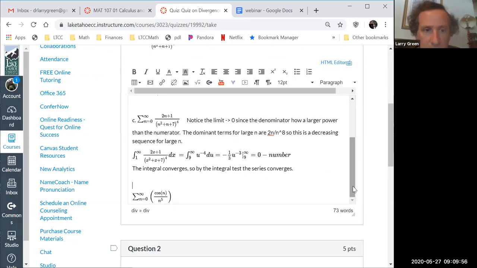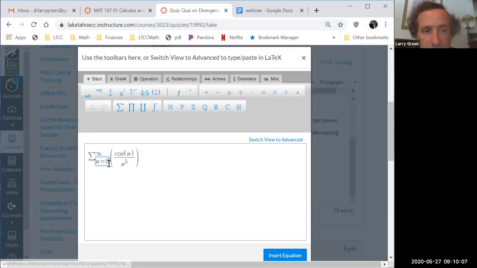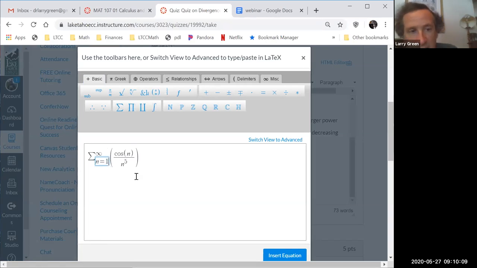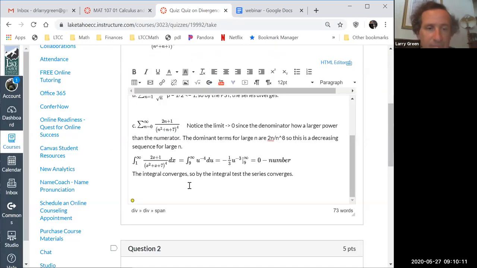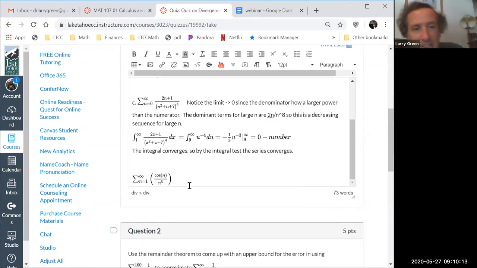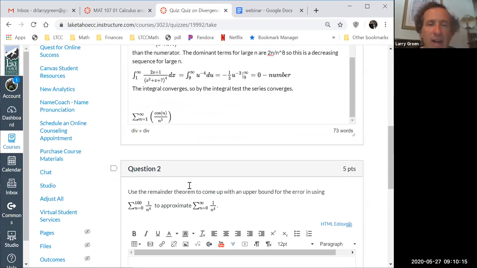Now we've got a trig function. Maybe I need to change this one a little bit. Let's start at 1 so we don't have a problem with the denominator. There we go. Now we have a trig function. All right, this one, it turns out, converges.